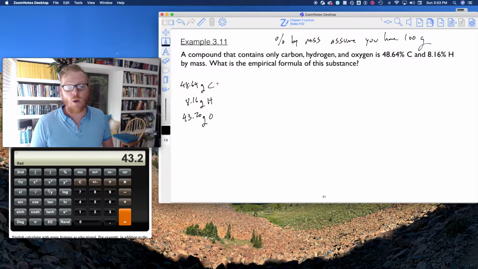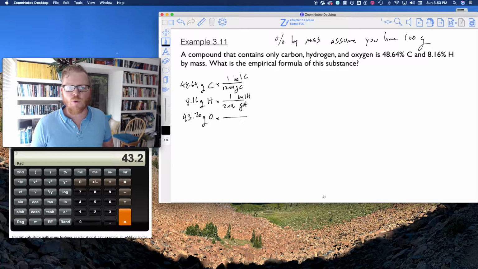And then what I want to do is convert these to moles. You'll see why in a moment. So I know from the table, I've got to go grams of carbon in 1 mole of carbon. The table tells me it's 12.011 grams of carbon in 1 mole. For hydrogen, grams of hydrogen in 1 mole of hydrogen. The table tells me 2.016 grams in 1 mole.